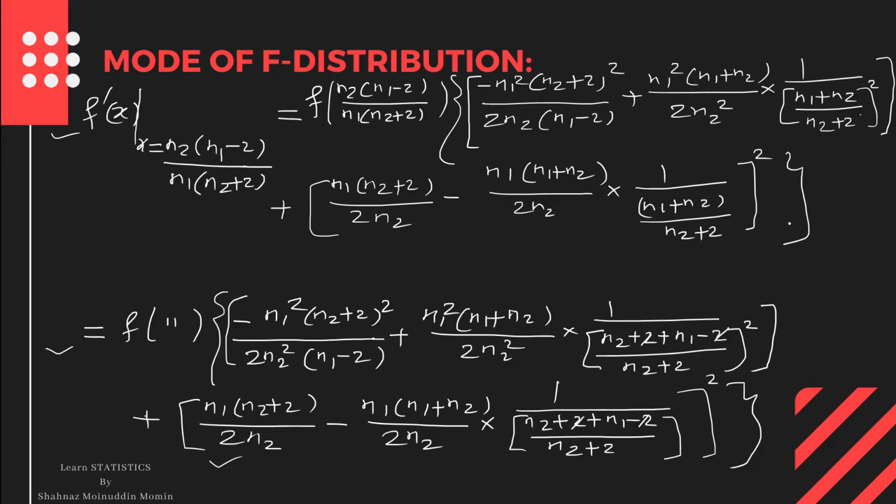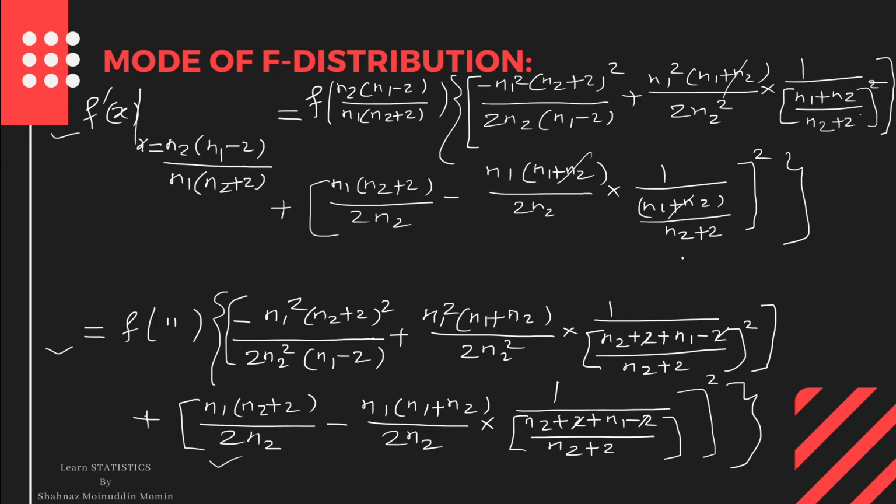This is the second term. See here, in the first term of first bracket, this n1 plus n2 cancels with one n1 plus n2. Similarly, in the second bracket, n1 plus n2 gets cancelled with this n1 plus n2.